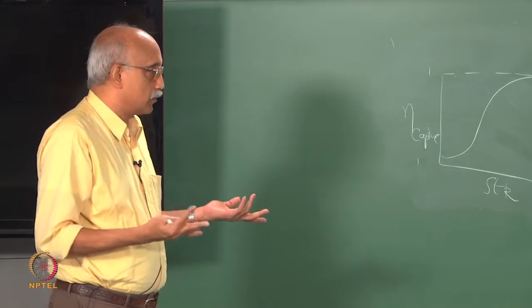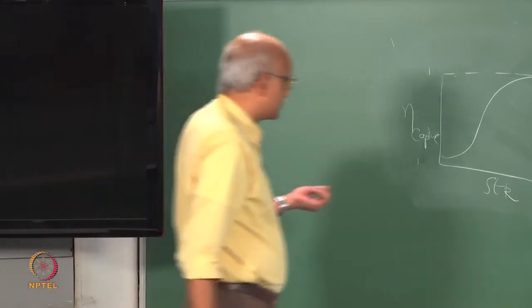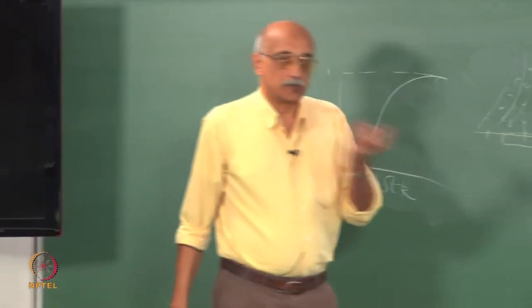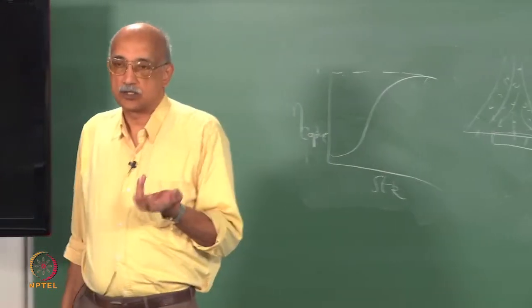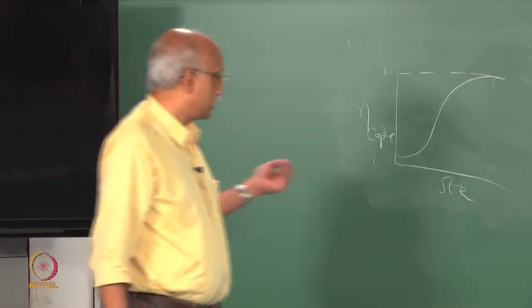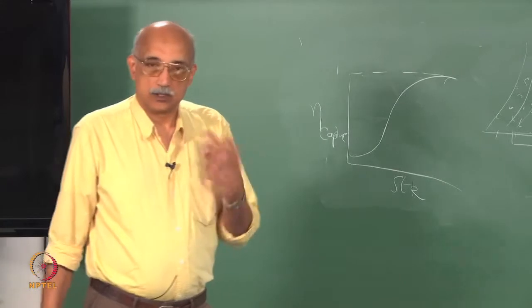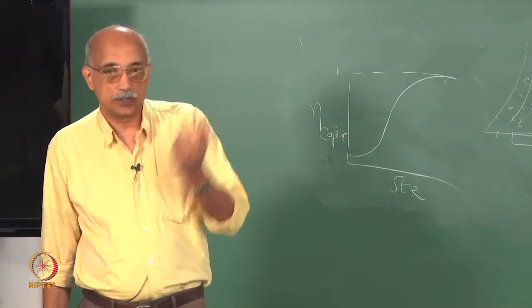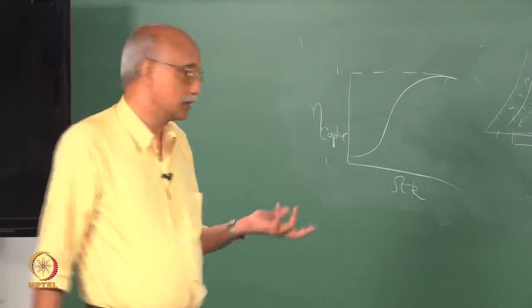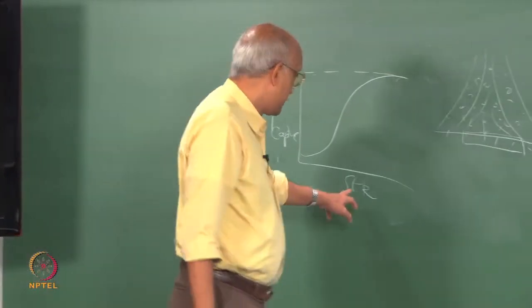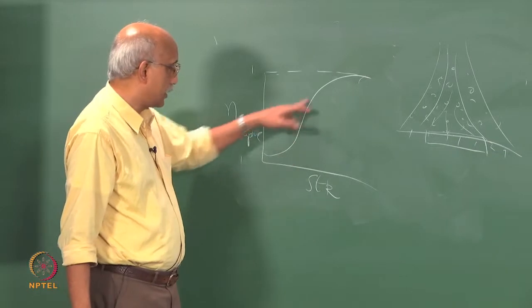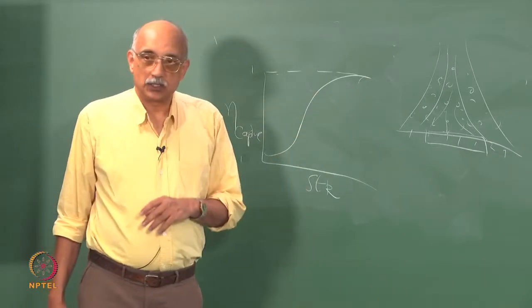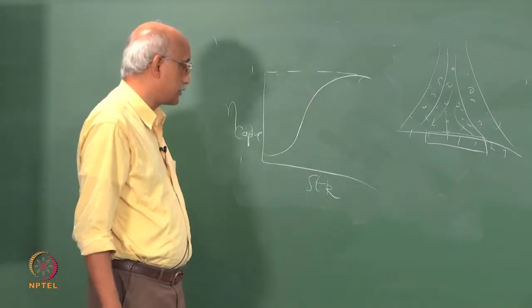So, what we are basically saying is that if you want to maximize particle collection on an impactor, then you want to maximize the Stokes number. On the other hand, if you want to minimize losses due to inertial impaction and deposition, you should try to minimize the Stokes number, so that you are in this regime rather than in that regime.